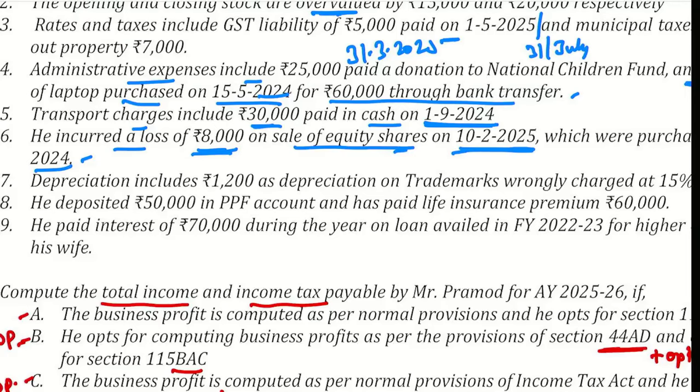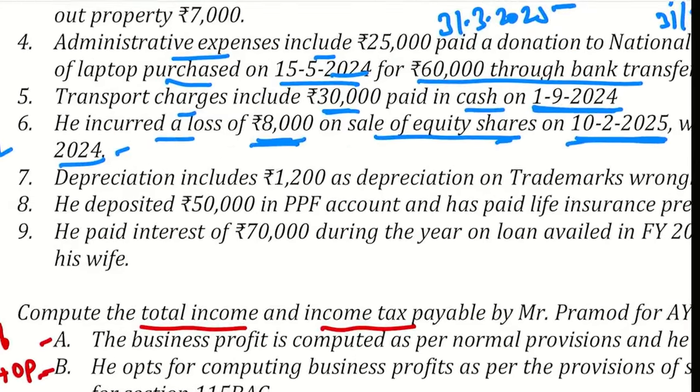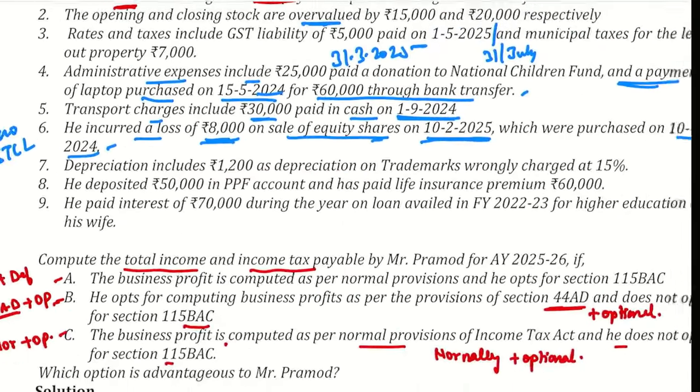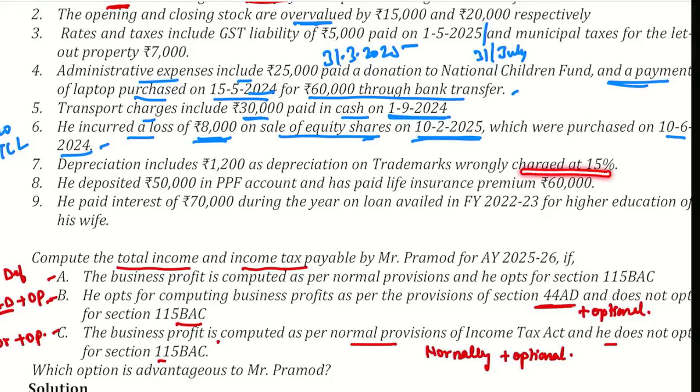They are saying depreciation includes 1200 as depreciation on trademarks, wrongly charged at 15%. So 1200 is equal to 15%, and I will charge 10% more. How much would it be?